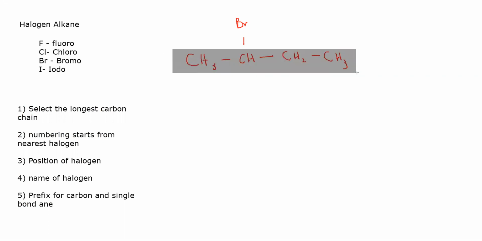We have this as the longest carbon chain. Then numbering should start from the nearest halogen. If I number from the right hand side, it is 1, 2, 3, 4. If I number from the left hand side, 1, 2, 3, 4. So which numbering should I follow? Left to right or right to left?